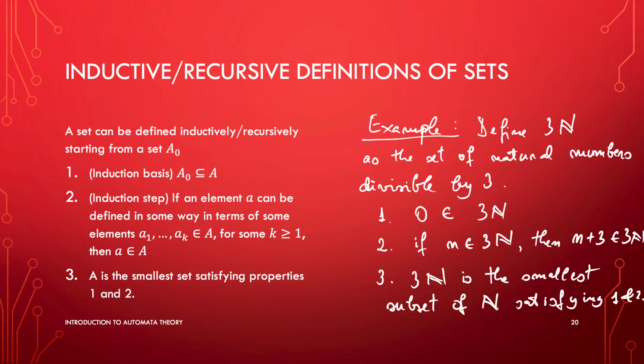And so when you're looking at this, you will realize obviously that 0 is included in there, and because 0 is there, by applying condition 2 you realize that 3 is in there, and then 6 is in there, and 9 is in there, and 12, and so on. And obviously it's an infinite set, so this seems to be exactly what we wanted to define.